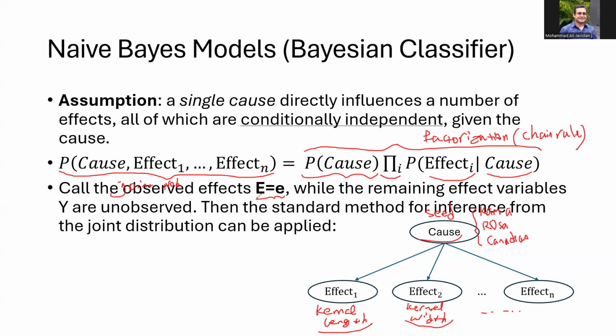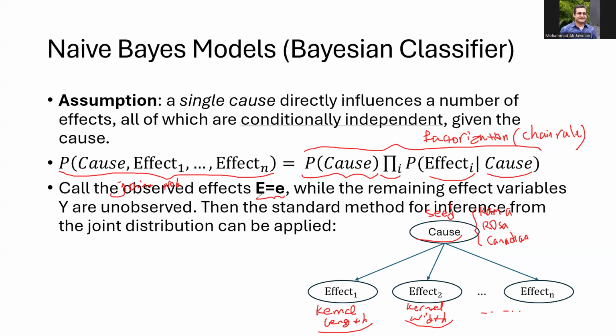In the seed example, I highly encourage you to use different sets of features to see how that affects your final results. And does adding more features always improve the classification or not? That's a very good example to practice.